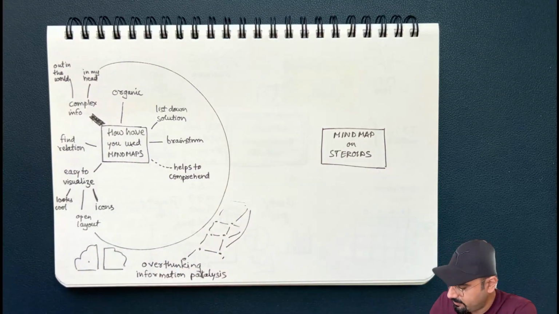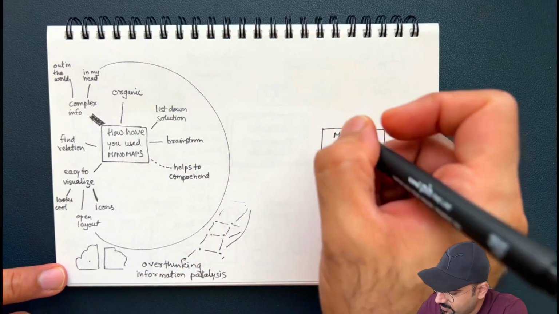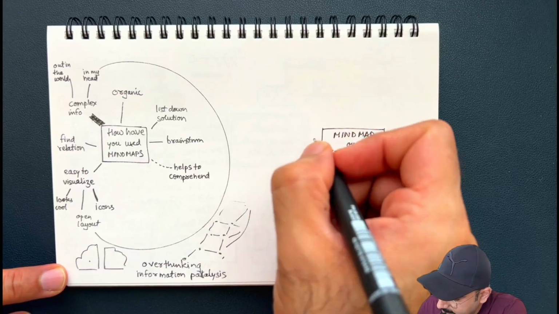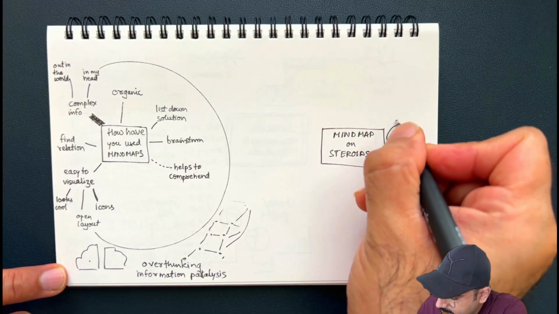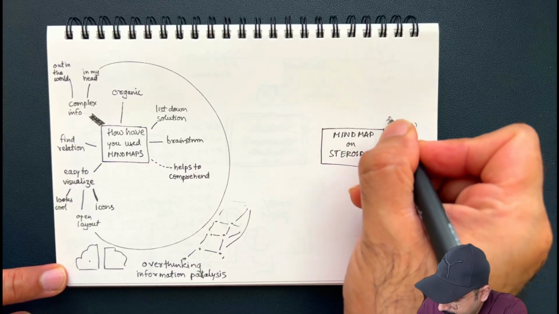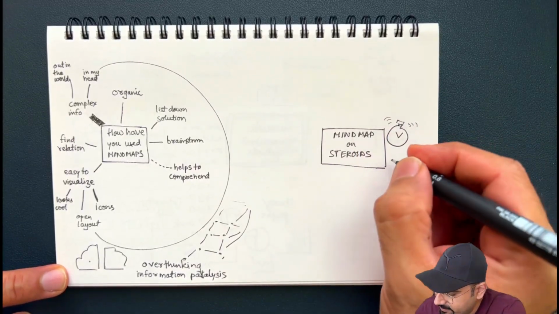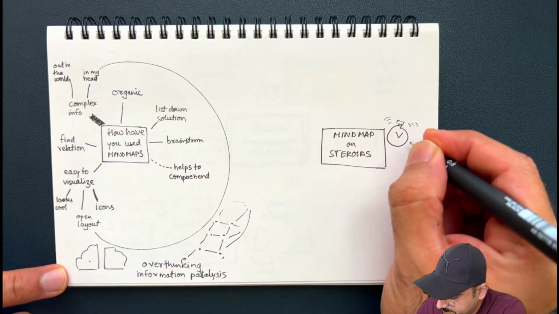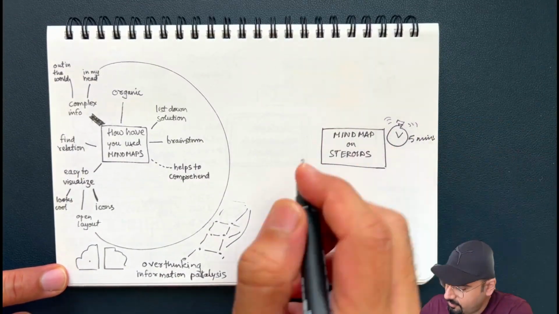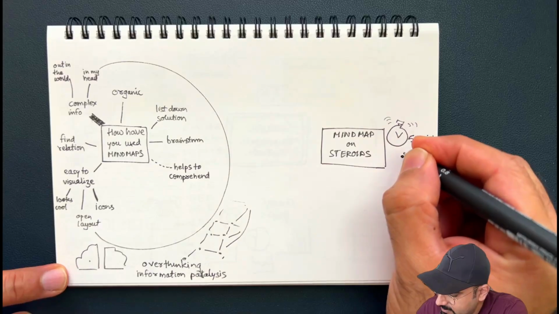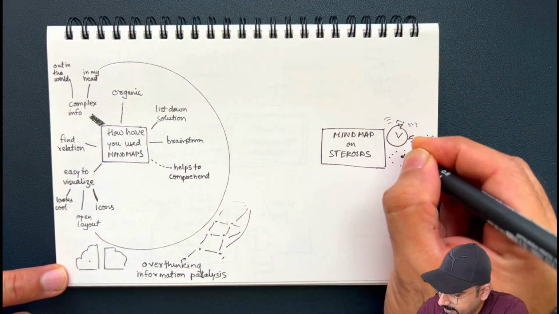So what we do is, first of all, we put a timer, and we say that we are going to spend, and you can decide the time, 5 minutes, let's say, for the first level of ideas.